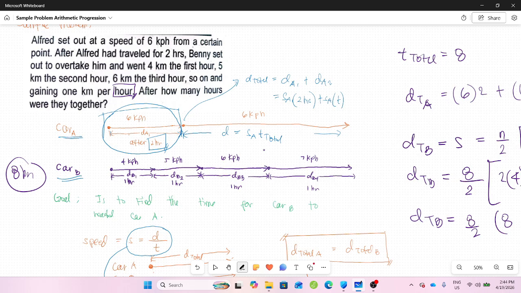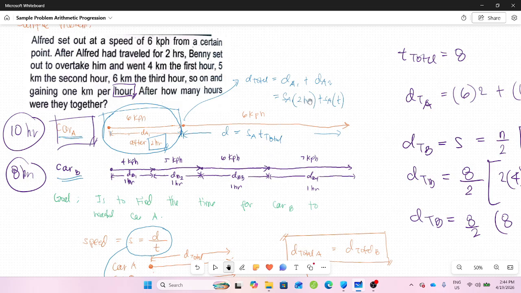Now from car A's perspective, car B reaches car A at 10 hours because car A already started 2 hours earlier, so we have to include these 2 hours. So 8 plus 2 is going to be 10.